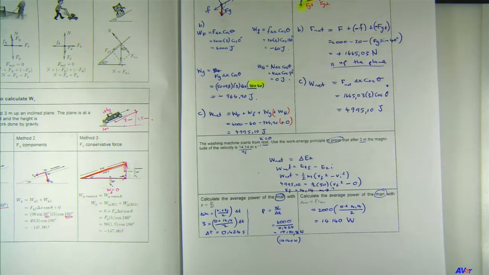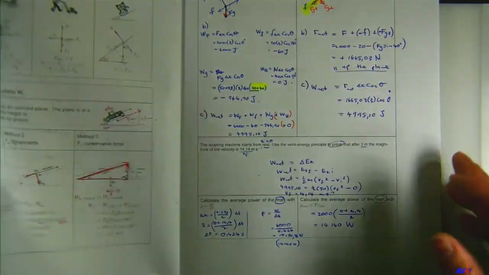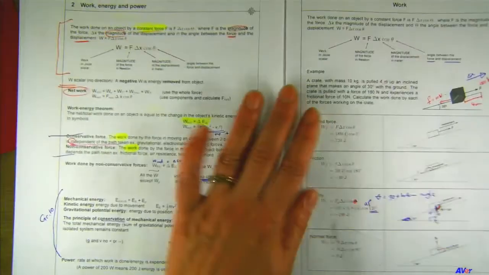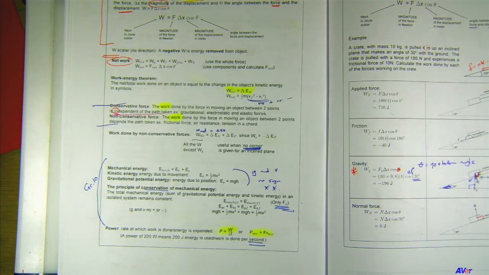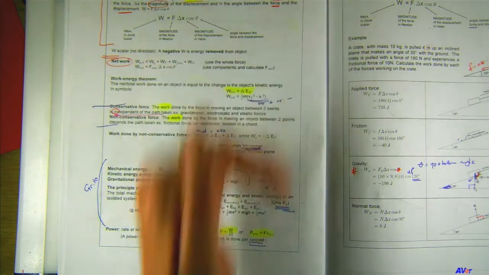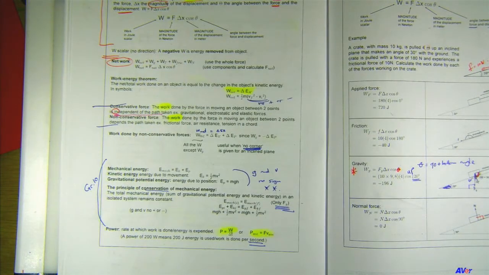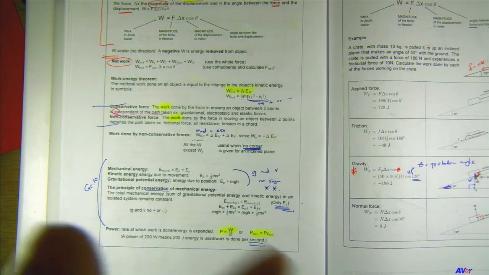Right, so this is actually not so difficult. If you now go back to the first page, page 10. Page 10 is your summary of everything that you need to know with work, energy, and power. And we've been through it all. It's not that difficult, is it? Do you feel more confident with this?